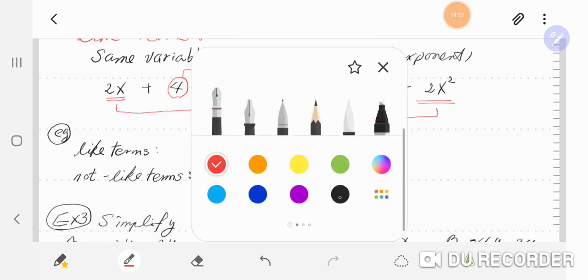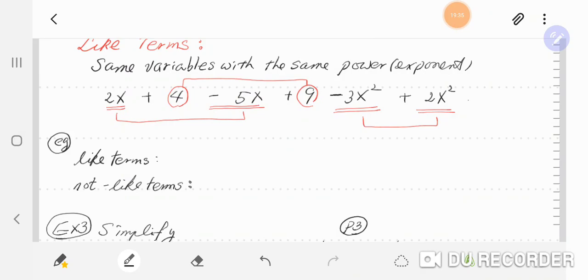How about this? What if I add more, like plus 3ab minus 4ab? Then yes, these 2 are like terms. 3ab and negative 4ab are like terms. Why? Because these terms contain the variables a and b together, and their exponents are the same.